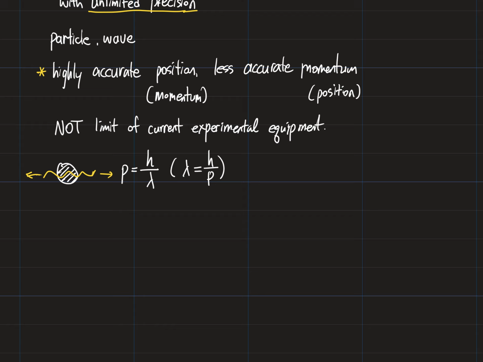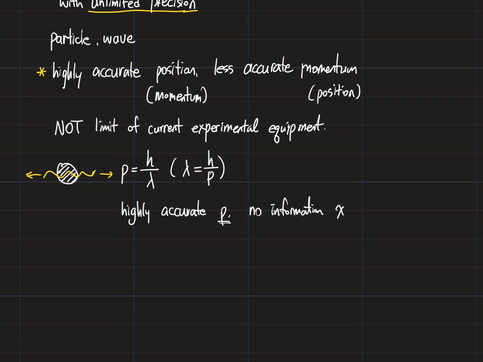So this is an example of highly accurate momentum, a very precise value. But in this case we are going to have no information for the position x, right?